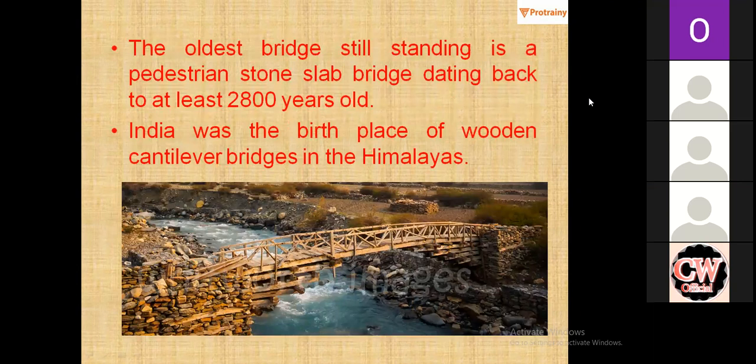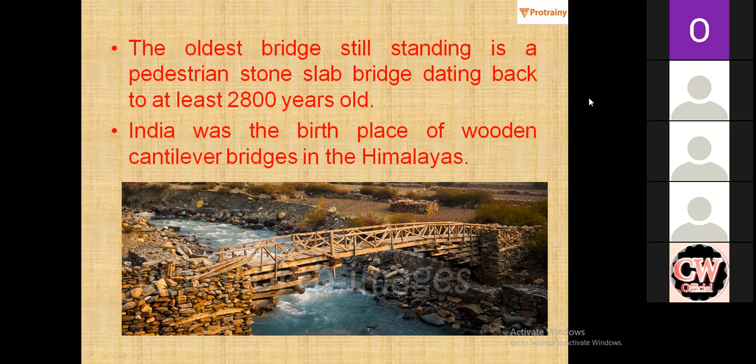The oldest bridge still standing is a pedestrian stone slab bridge dating back at least 2,800 years. This 2,800 years old bridge is still standing, and it is a proof of the engineering prowess of that particular civilization.